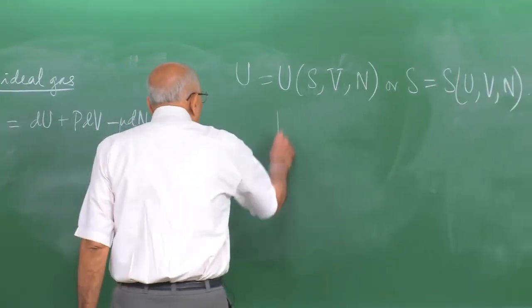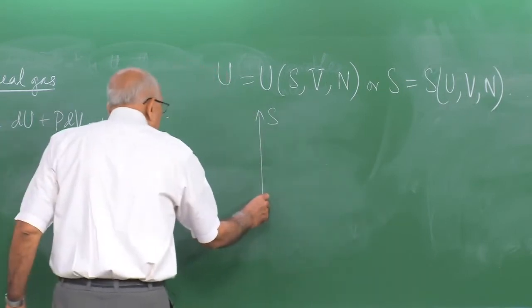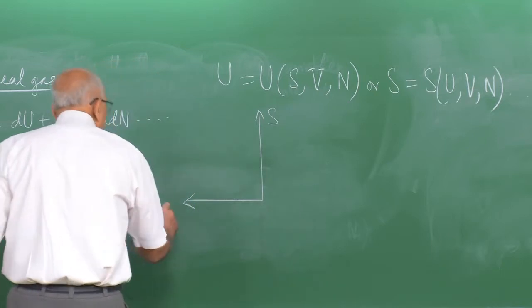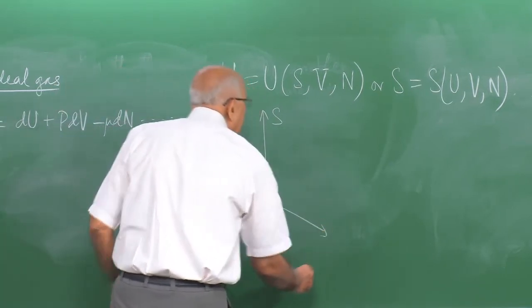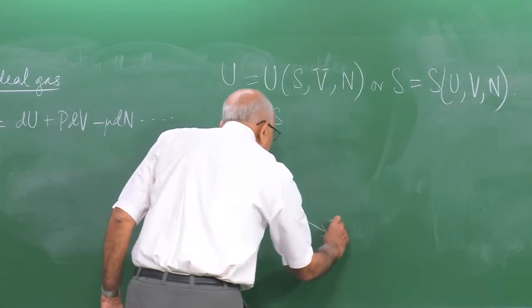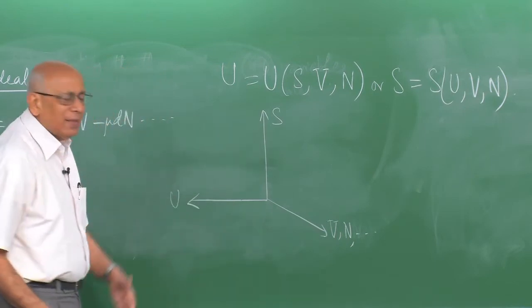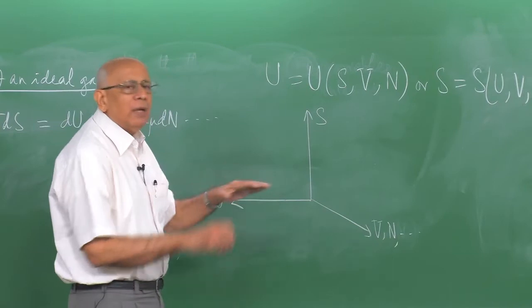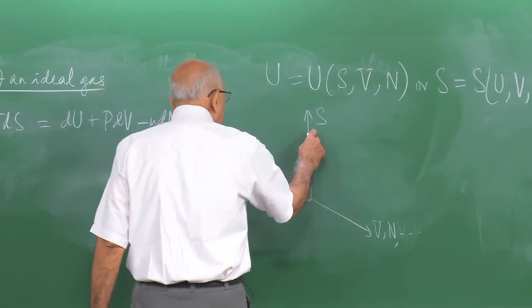So if I were to draw a picture with S coming out there, and let us say U going here, and then all these other extensive variables V, N, etc. I do not have enough axes to draw all these things, then this represents some kind of surface in this space, and the surface would look roughly like this.